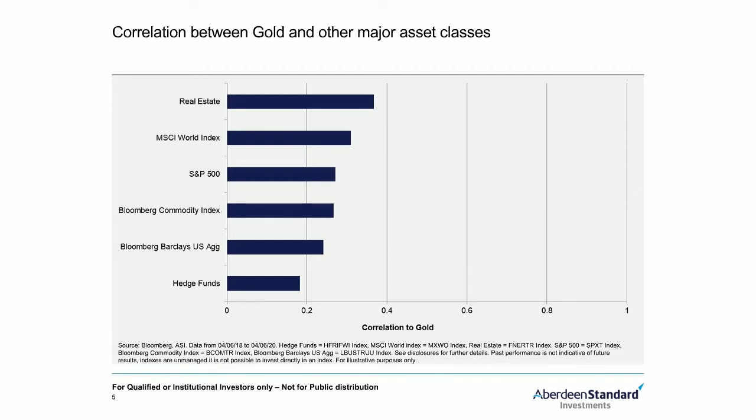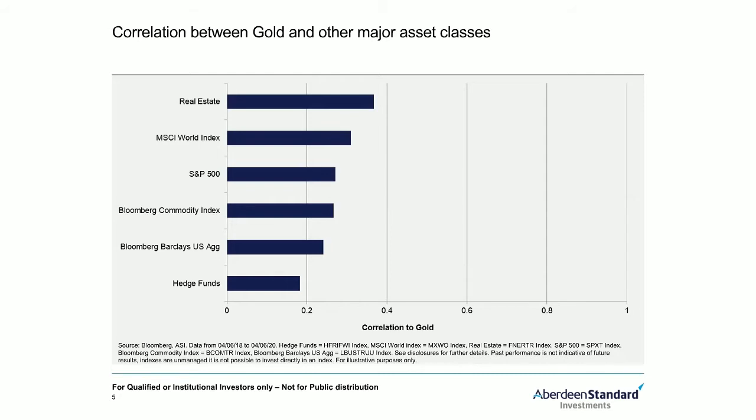other major asset classes. What we try to do by looking at this particular slide is see not only its low correlation versus things like the S&P 500 or the Bloomberg Ag product, but also that gold has low correlations versus other alternative asset classes.